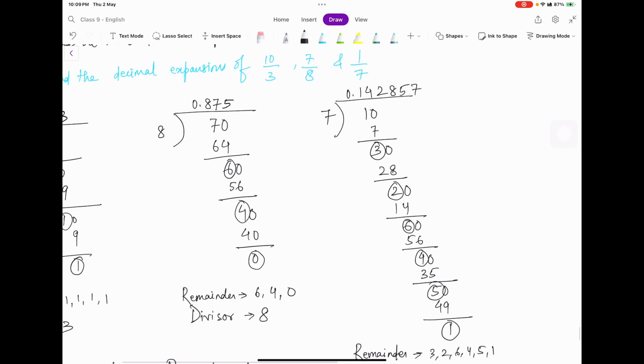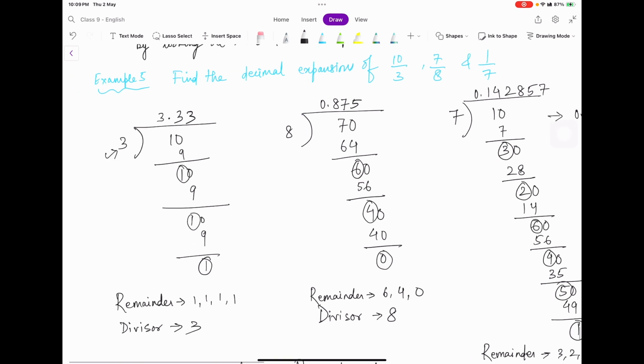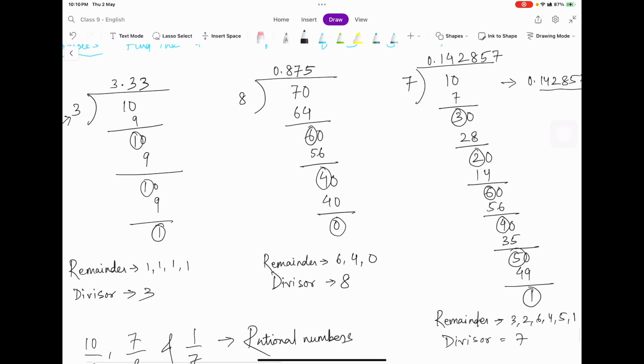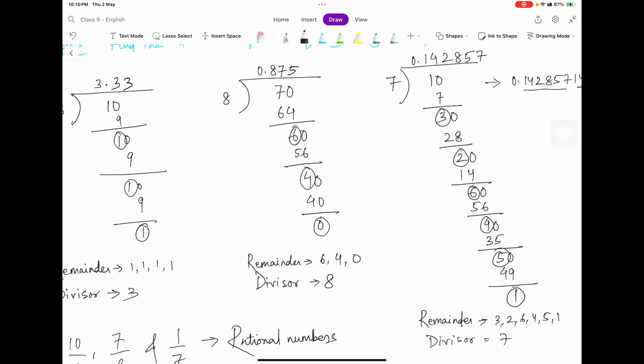So the quotient 1, 4, 2, 8, 5, 7 will keep on repeating. Similarly here, the remainder 1 keeps repeating, and the quotient after the decimal place, 3, 3, 3, keeps repeating. Either the string is repeating or it is terminating at 0.